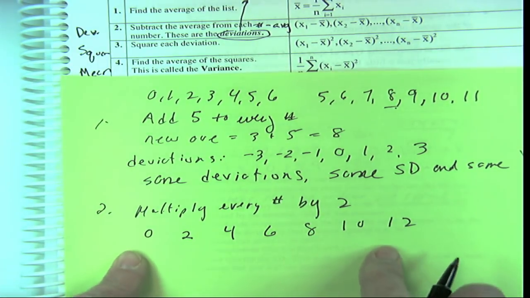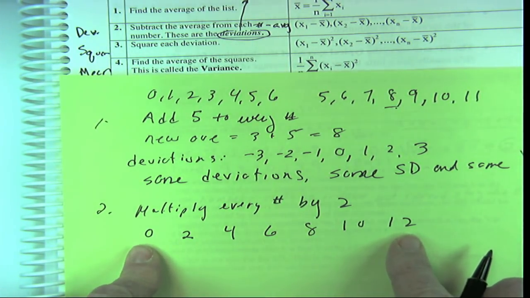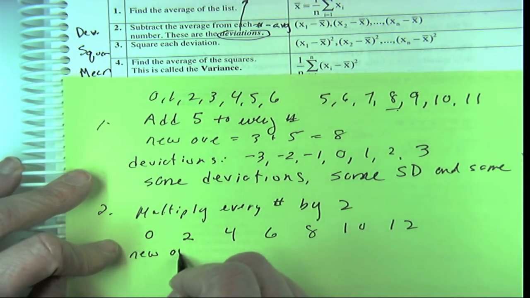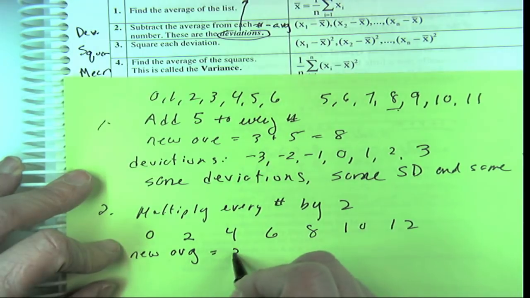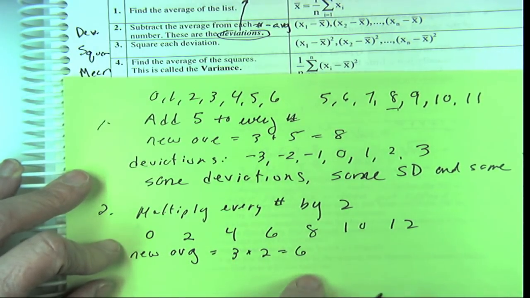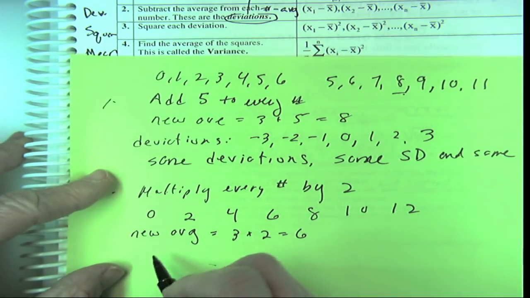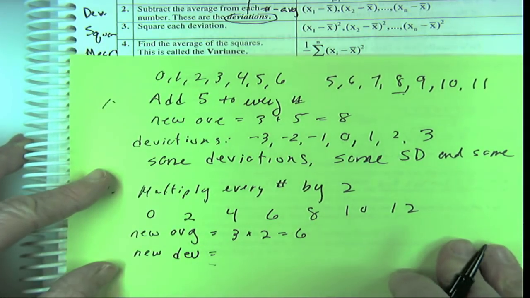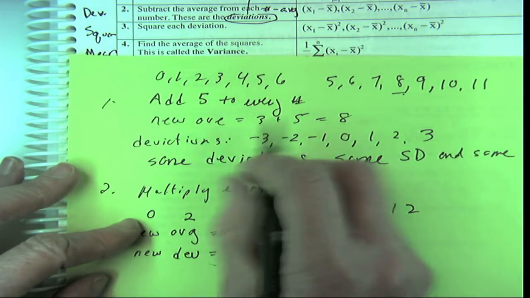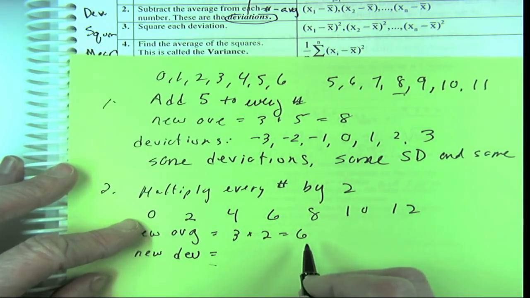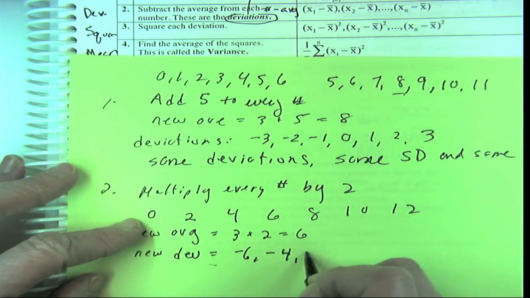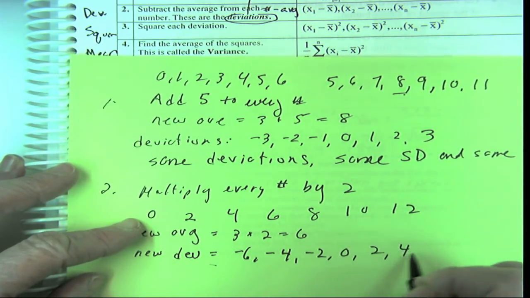And on a number line, it would get spread out. See? Now our range is twice as big. All right? And then what do we have? Our new average is equal to the old average times 2, which is 6. And so what happens to our deviations? Instead of these deviations, we subtract 0 minus 6 is negative 6, negative 4, negative 2, 0, and then 2, 4, and 6.